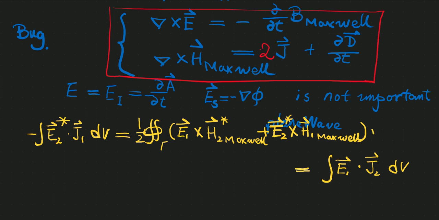This is the formula we get from Maxwell equation. However, this Maxwell equation, or this mutual energy flow theorem, is still wrong. I tried a lot of times, for example, transformer for antenna. It does not work. I will tell you later why it does not work.